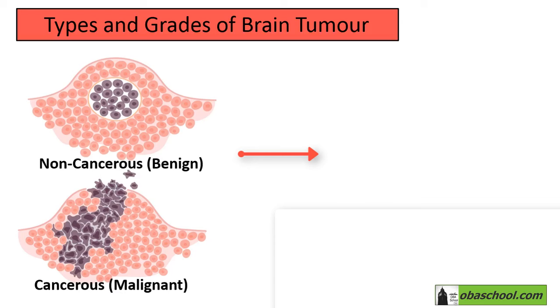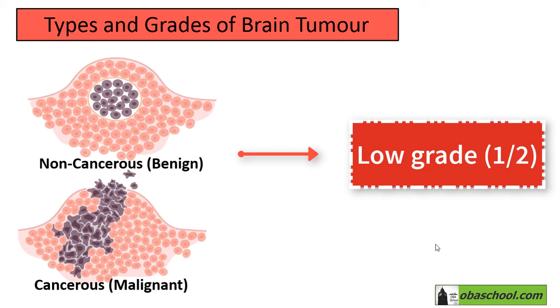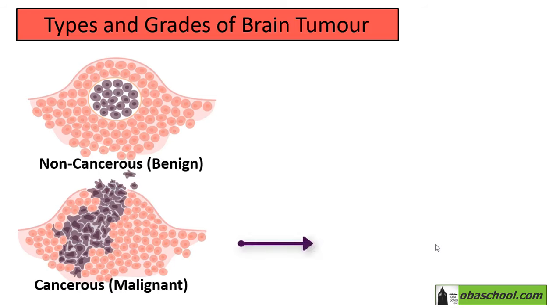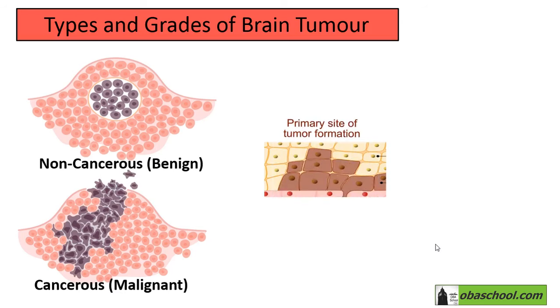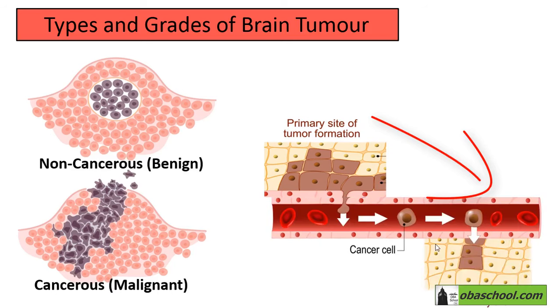Thus, benign tumors are considered low grade, usually 1 or 2, which means that they grow slowly and are less likely to return. On the other hand, malignant tumors are considered high grade, usually 3 or 4, and can either start in the brain as primary tumors or spread into the brain from somewhere else as secondary tumors.